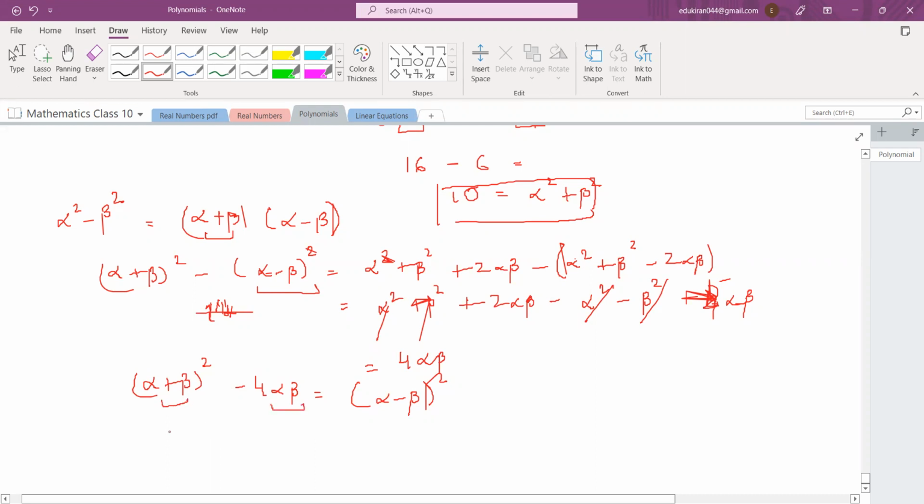Alpha plus beta is how much? 4, right? So 4 square minus 4 alpha beta, alpha beta is 3, so 12. So here I'll get 16 minus 12, which is 4.